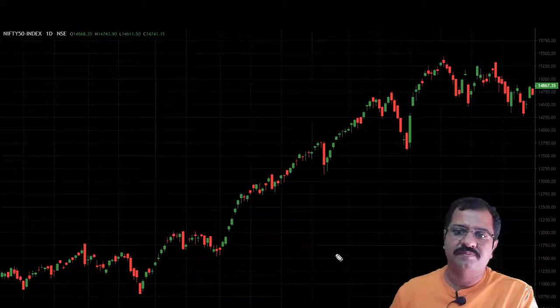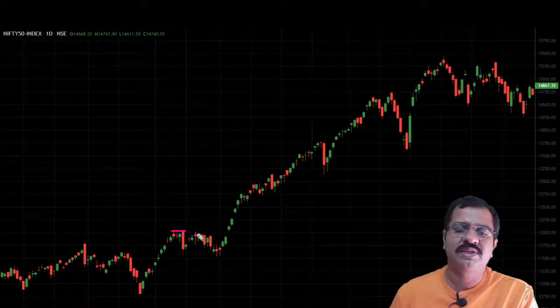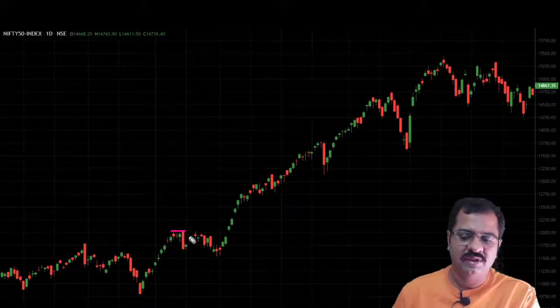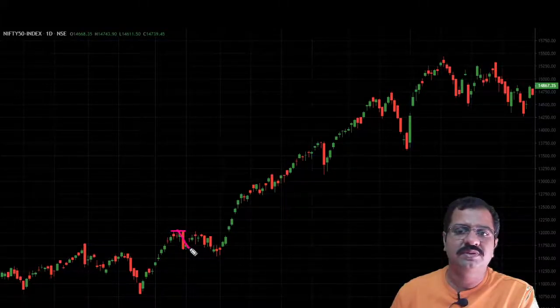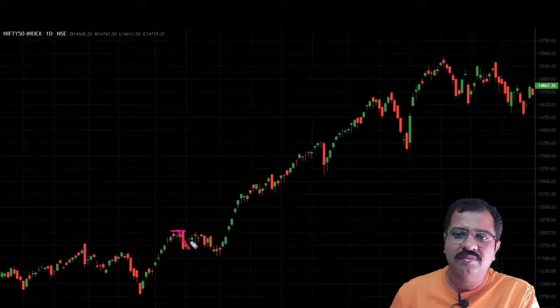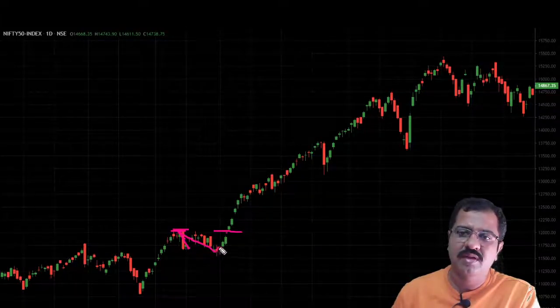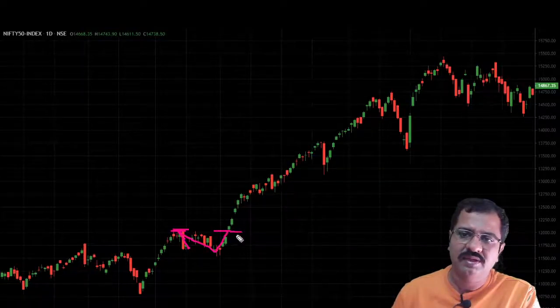If Nifty started making higher highs, this is a higher high, and now a pullback happens, and when it breaks this high, you enter the trade. So you wait for this high to be broken, and here you enter the trade.